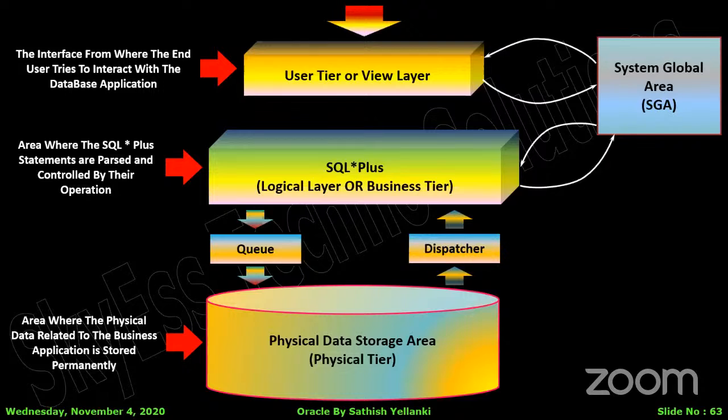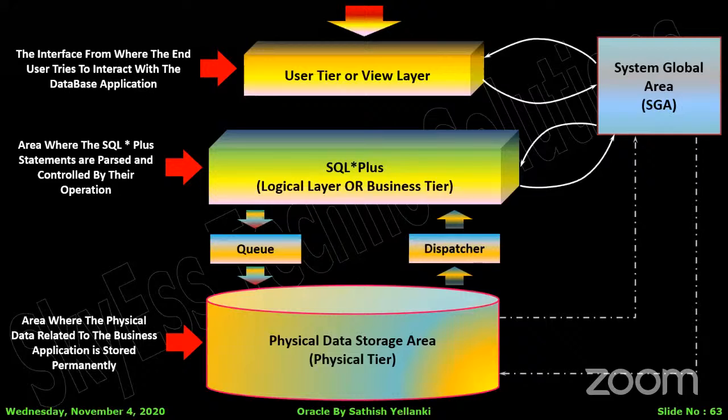And this physical storage architecture in the background will be in communication with your system global area on a regular basis. In the background, it will always be communicating with the system global area, because any data that is not essential in the SGA, that particular changed data should come back to the physical storage device once again.